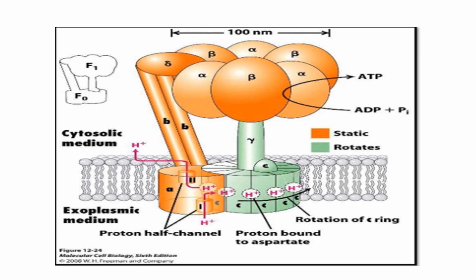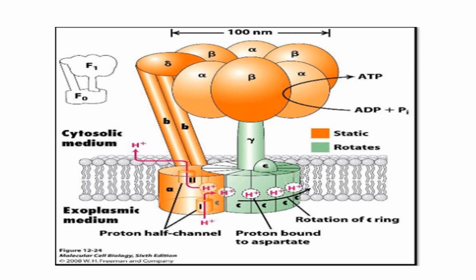In F1, you have alpha 3 beta 3 subunits, which have the catalytic activity of ATPase, along with delta and gamma subunits. As you can see in the diagram, 3 alpha subunits, 3 beta subunits, and gamma and delta subunits exist in F1.